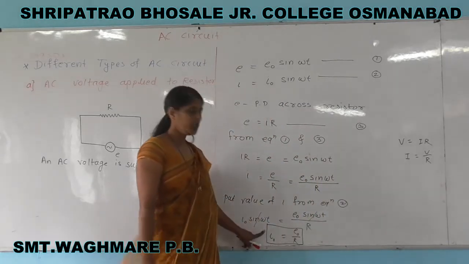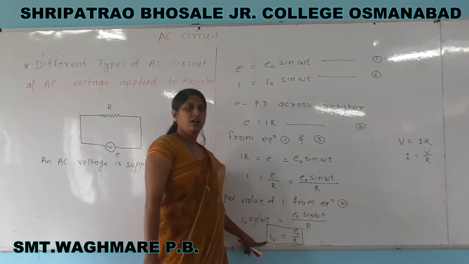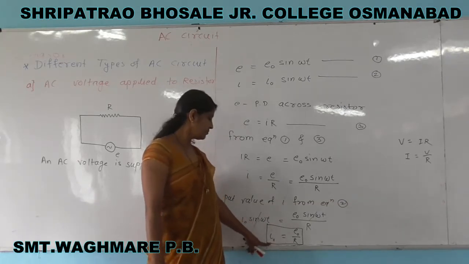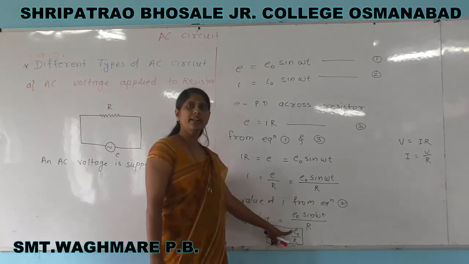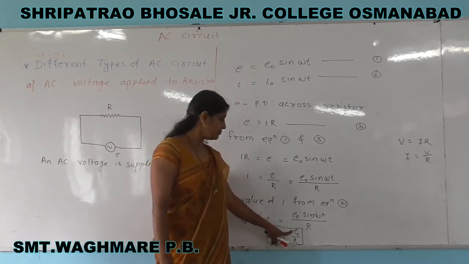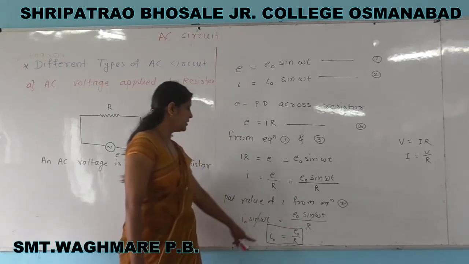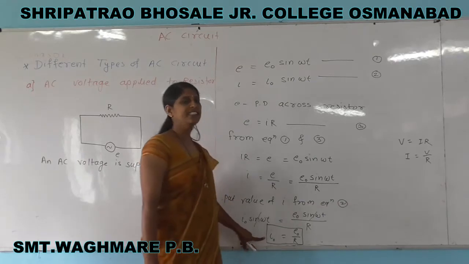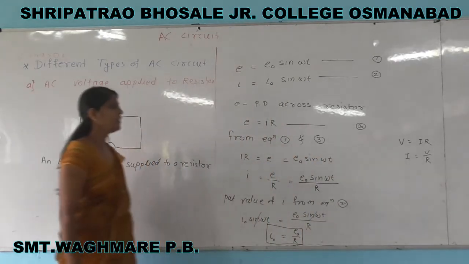Here also I naught is the peak value of current through the circuit, E naught is the potential and R is the resistance of the circuit. This equation is of the AC circuit, this equation is of the DC circuit.